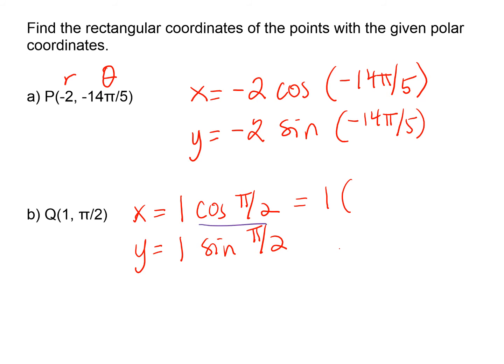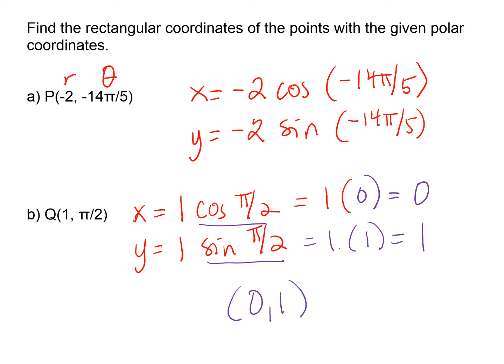The cosine value is 0. 1 times 0 is 0. Then the sine of pi over 2, straight up, your y-coordinate is 1. So my rectangular coordinates would be 0, 1. And if you think about how you would plot that point on your polar graph paper, hopefully that will make sense.